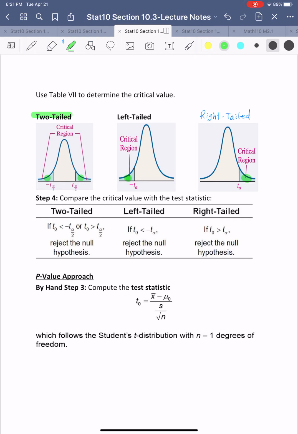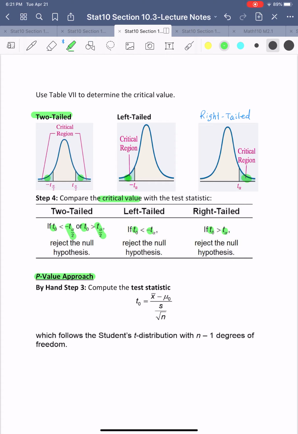We compare the test statistic to the critical values, and for the left tail, we compare these numbers to these numbers, okay? And if that's satisfied, we reject the null hypothesis.